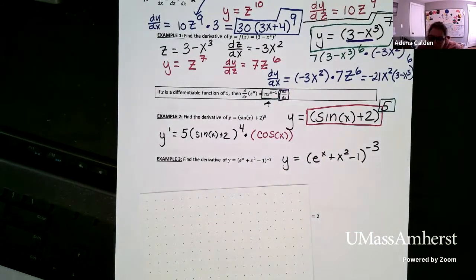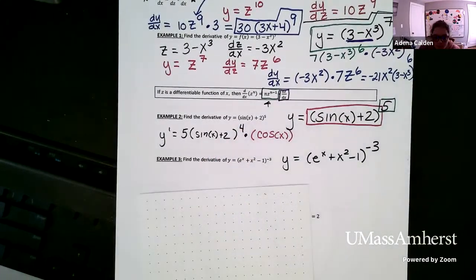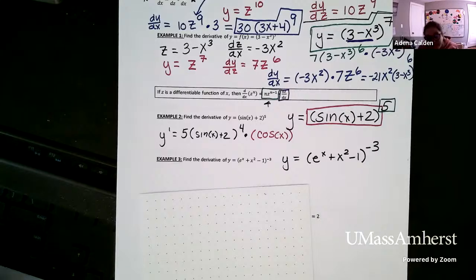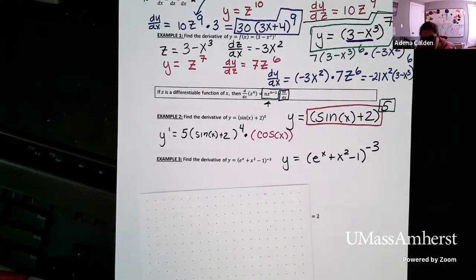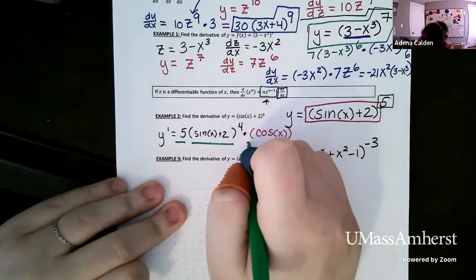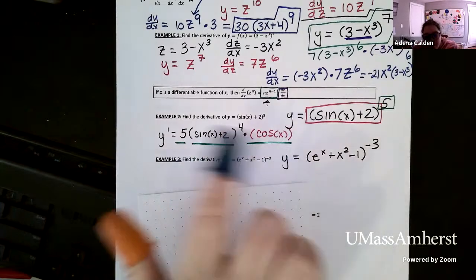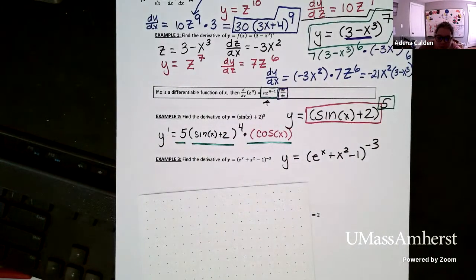So my final derivative is 5 times sine x plus 2 to the 4th times cosine x. You would get the same thing if you did a z substitution as if you thought about it as outside-inside. I also want you to note that there are 3 factors here. There's a little bit of an algebra note here: these 3 factors, you can exchange their positions.